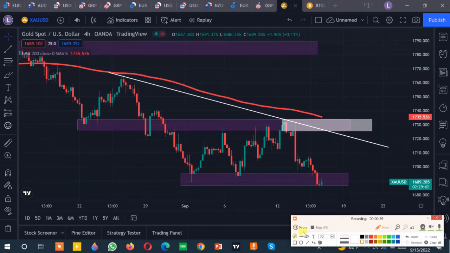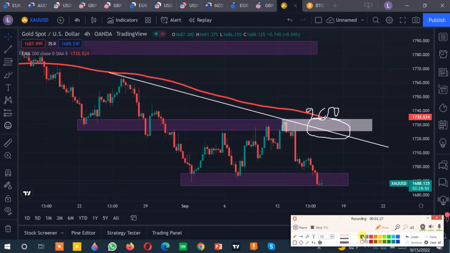More confluence is available: 200 EMA as dynamic resistance, horizontal support area, trend line resistance, horizontal resistance area, trend line resistance area. So it is a good confluence. Three confluences are accumulated here for a sell entry.